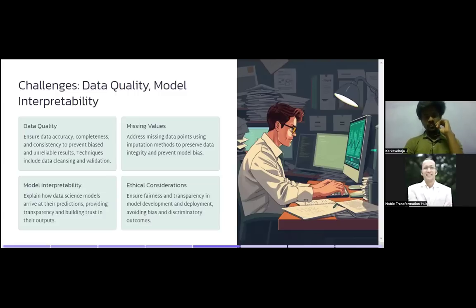Ethical considerations ensure fairness and transparency in developing and deploying the model, avoiding bias and discriminatory outcomes. So it should not be biased. It should not be funded by some organization that wants this research or data to be a certain way, and that is why I will not consider it as a data scientist or AI/ML researcher.